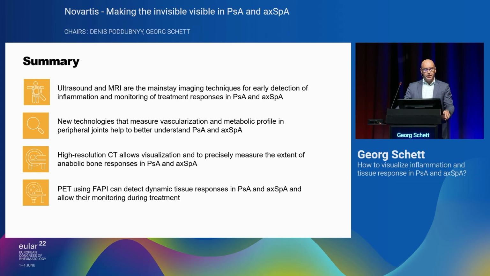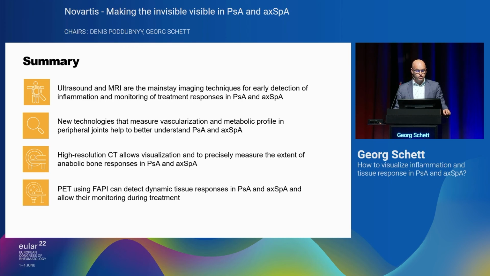Now, to sum up, what I wanted to share with you is that ultrasound and MRI are mainstay imaging technologies for detecting inflammation and treatment responses in PsA and axial spondyloarthritis. There are new technologies underway which are able to measure vascularization and the metabolic profile in the joints and in the entheses.